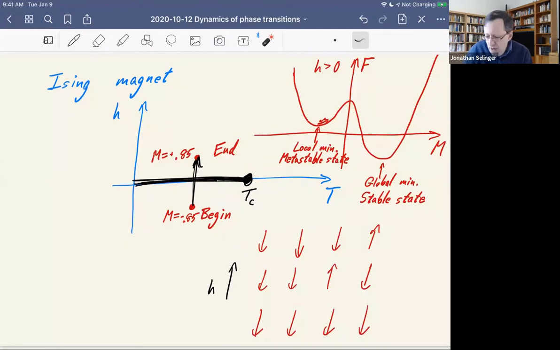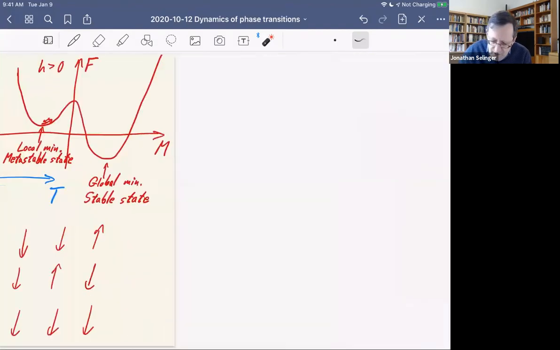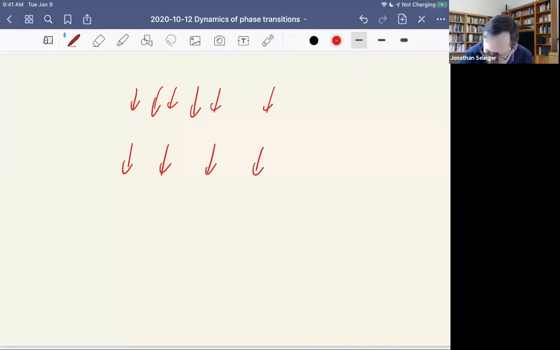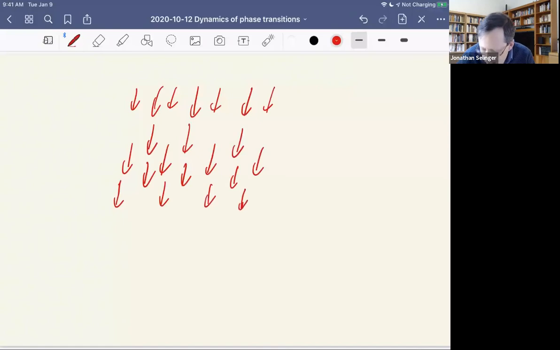So instead of having just a single change, here I'll draw a lot of these guys. I don't know, I'm just drawing a whole bunch of these things. Instead of just flipping one, suppose we flip a whole bunch of them somewhere.